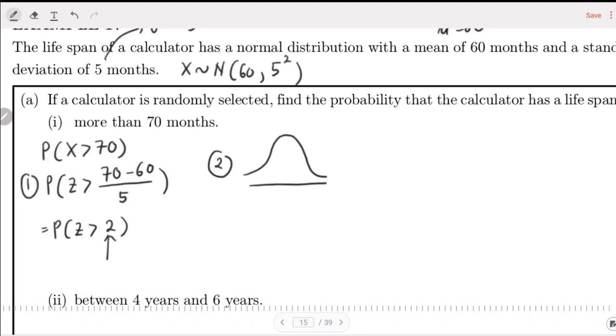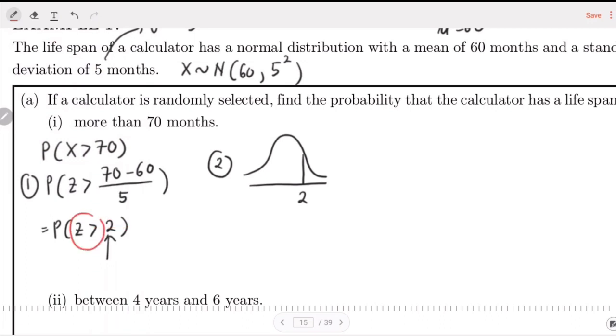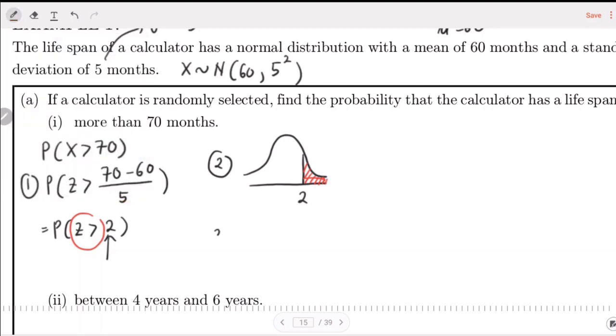Since our Z is positive, it's going to be on the right side. And then the shaded region for Z greater than is going to the right. That is our shaded region. And then the third step is to identify whether we need to put 1 minus or not. But for this example, we don't need to put 1 minus since we didn't shade the middle part of our bell shape.